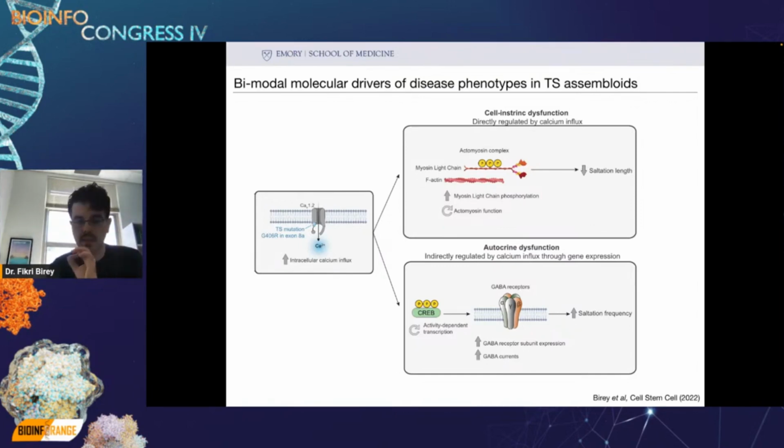And I just want to wrap up this story here real quick, and point out that this whole story not only points to the fact that these L-type calcium channels are really central to many aspects of cortical assembly, but I also want to underscore the nuance and the breadth of new biological insights one can gather about disease using these patient-derived assembloid models.